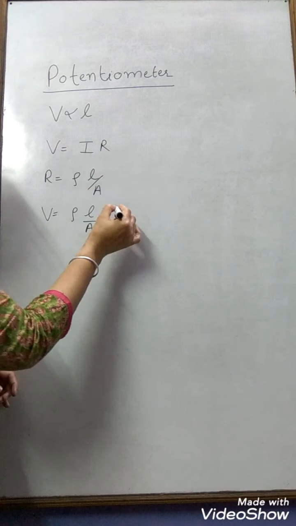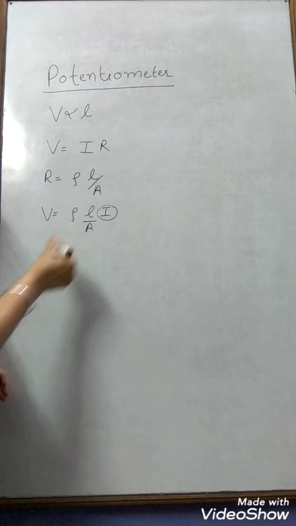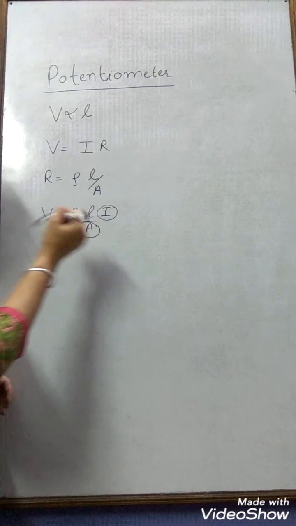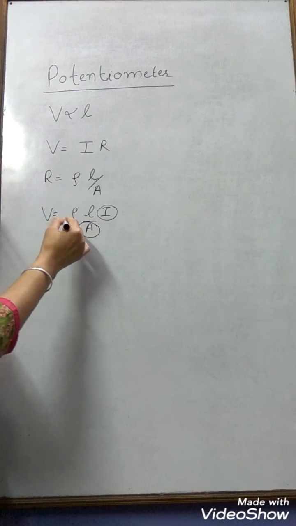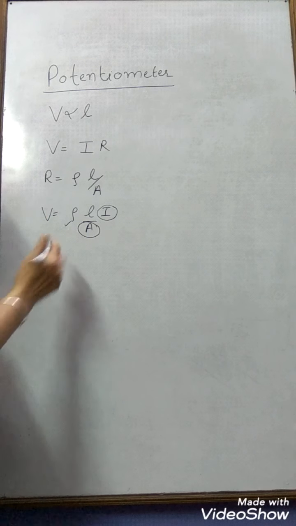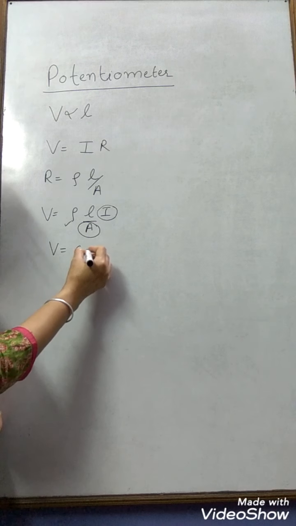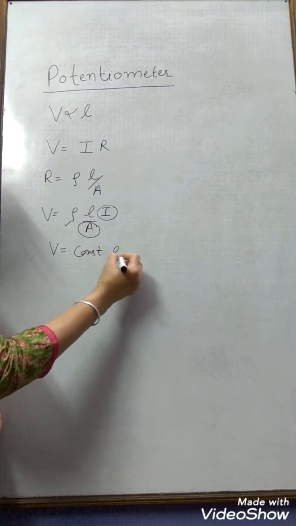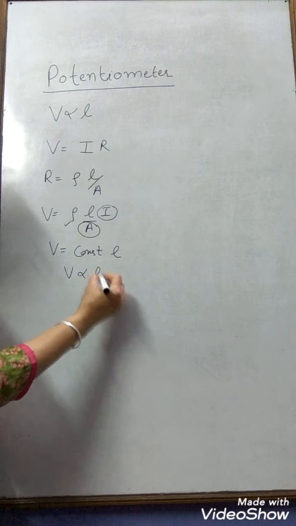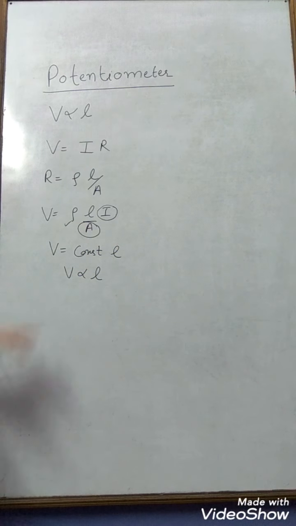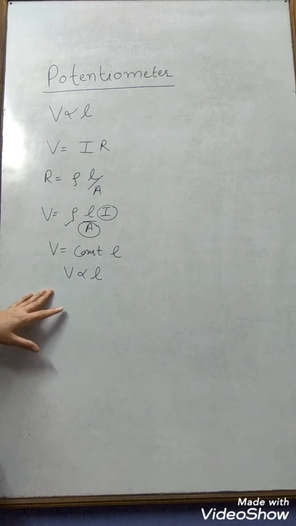Current should be constant, area of cross section should be constant, and rho is constant for the given material. So what we got, V is equal to constant times L, or V is proportional to L. This is the principle of the potentiometer.